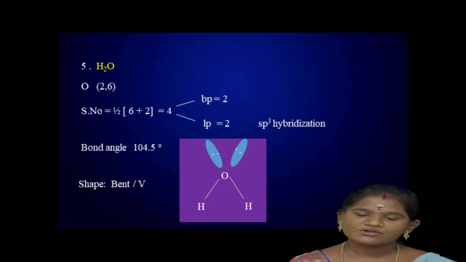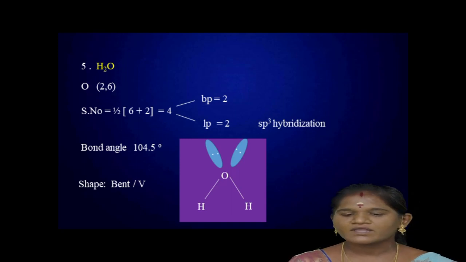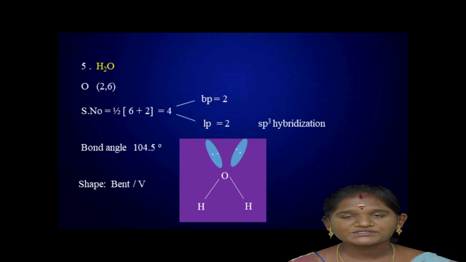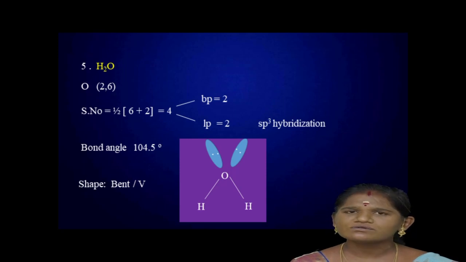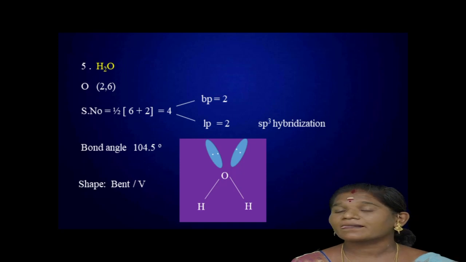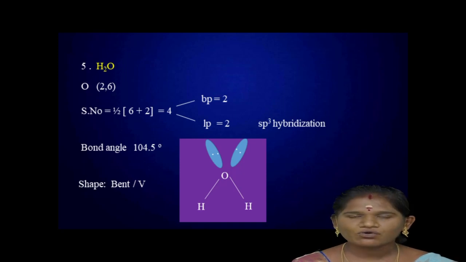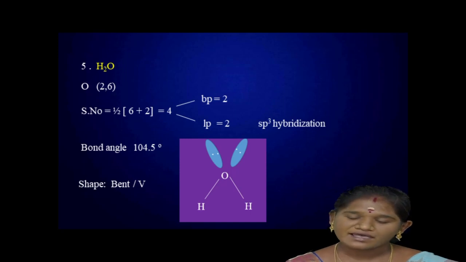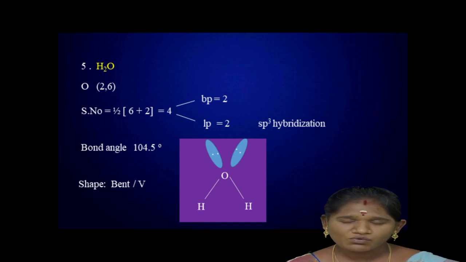Obviously there are 2 lone pairs of electrons. If the steric number is 4, we can predict the hybridization as sp3. We can expect the geometry of this molecule to be tetrahedral, but this is not so because of the 2 lone pairs of electrons. These 2 lone pairs present on the oxygen atom repel more.